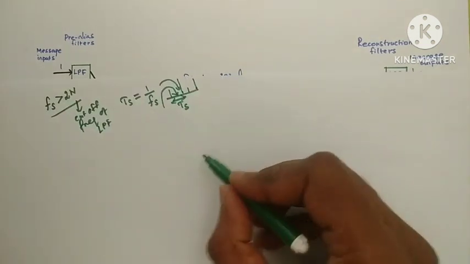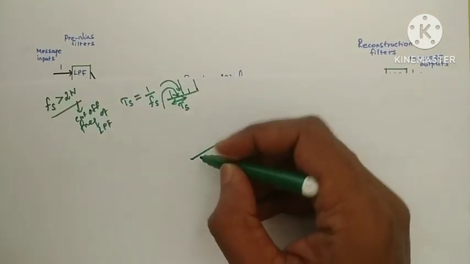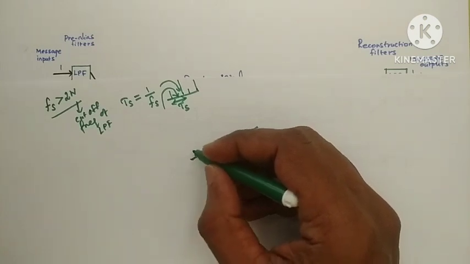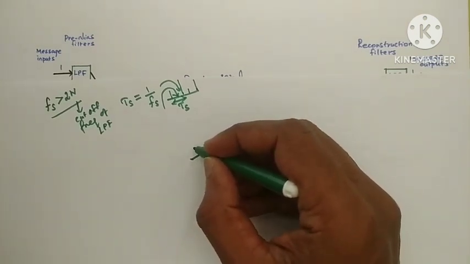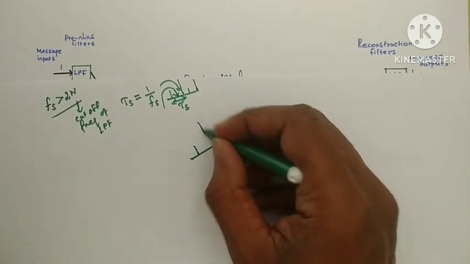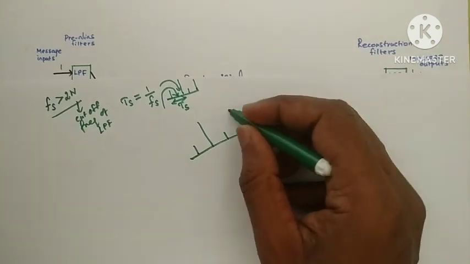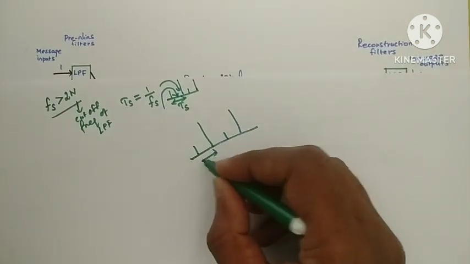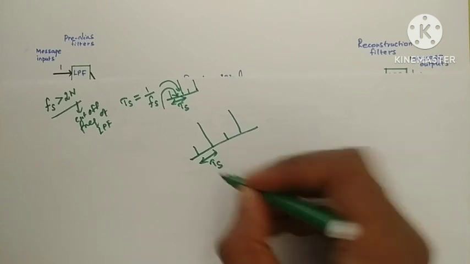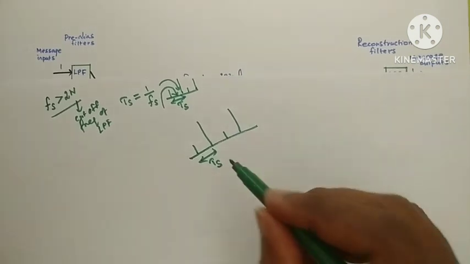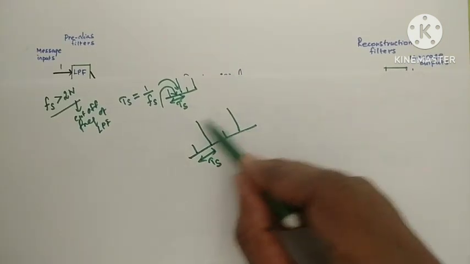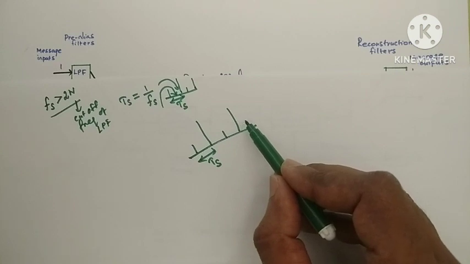Here, consider the pulses of the first message signal. This is your first message signal. The spacing between these two is Ts, the sampling interval. So 1, 2, 3 are all pulses of the same signal.